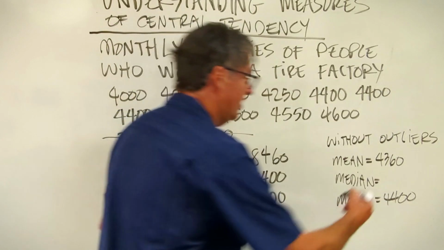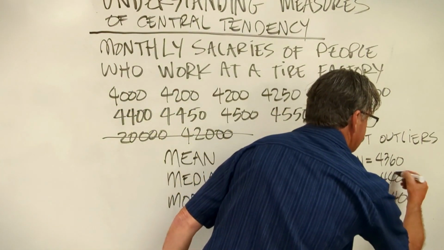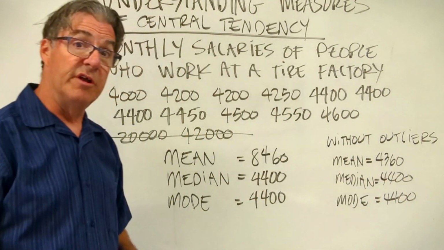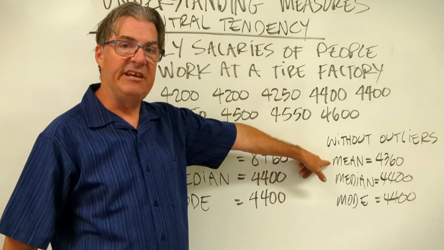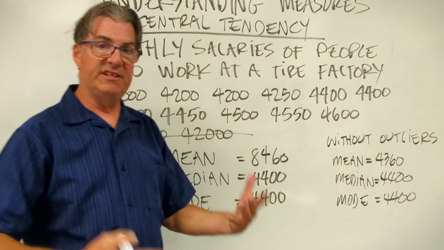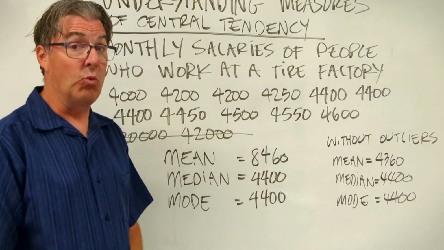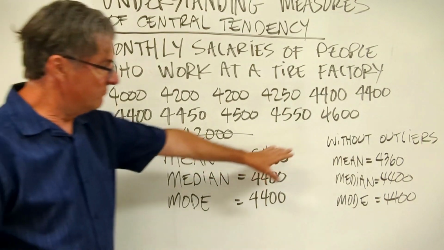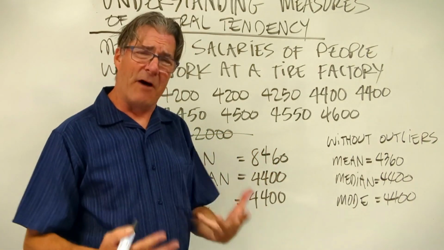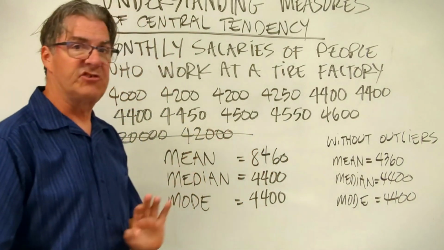The median is also 4,400, as is the mode. So now I'd be comfortable reporting the mean as a true reflection of what, say, somebody might get if they went to work for this tire company. We took the outliers out and we got some stats that are more accurate for our picture.